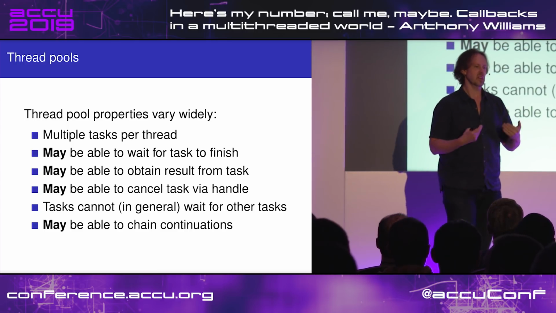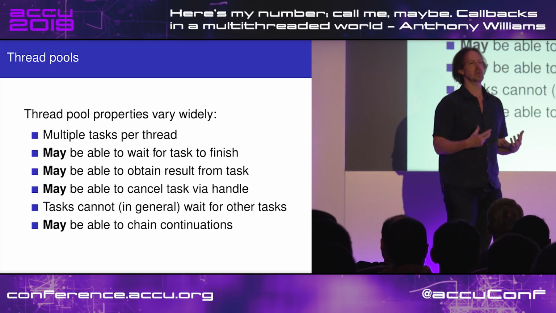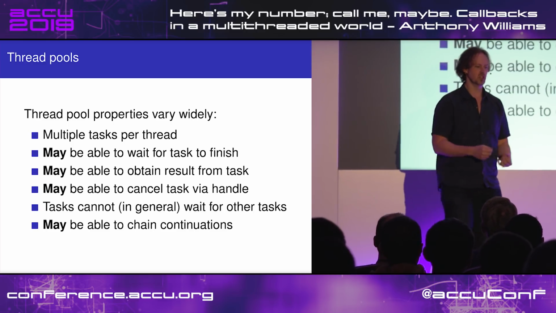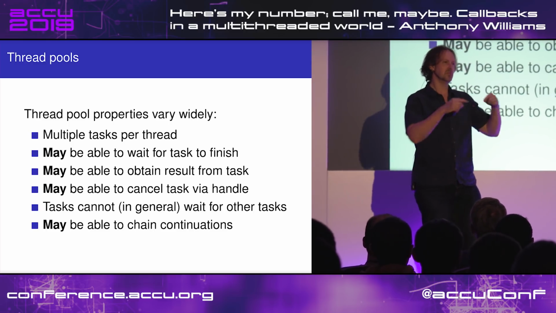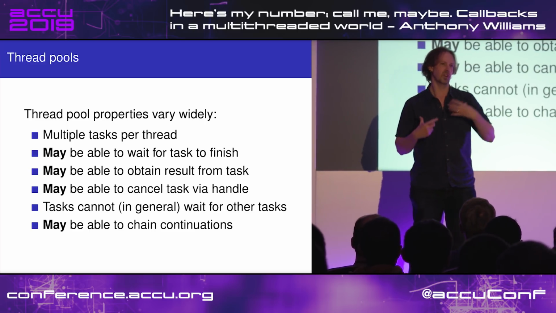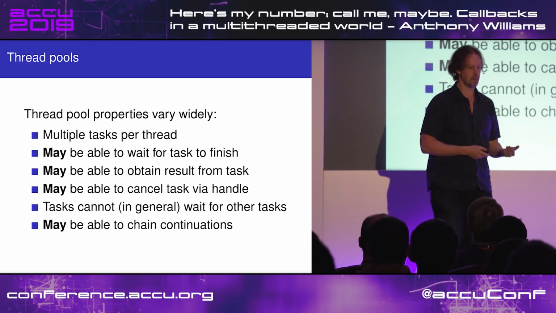So there are some thread pools that have dynamic growing mechanisms to allow that, but as a general rule, that's not something you can do. If you want that sort of thing, you need to be chaining continuations. So either you want a thread pool which naturally supports that, or you want to build that on top.